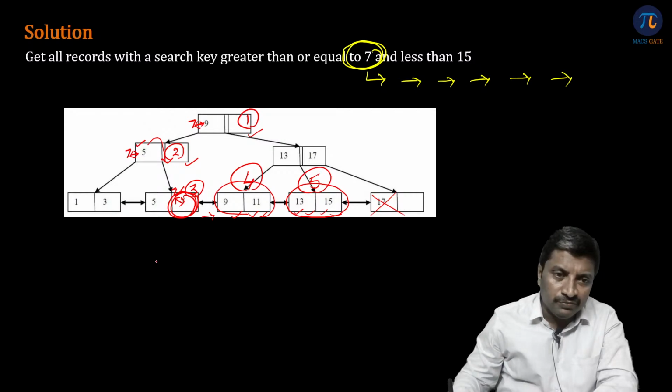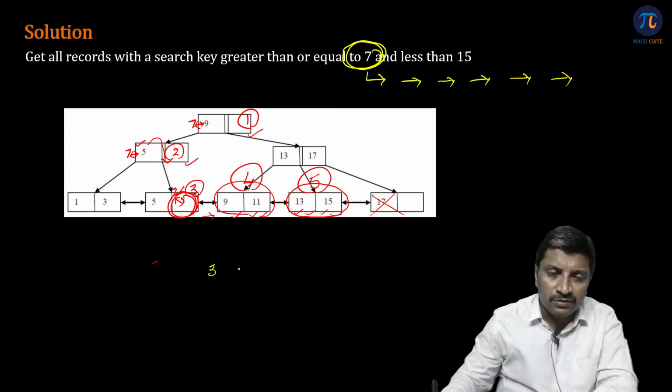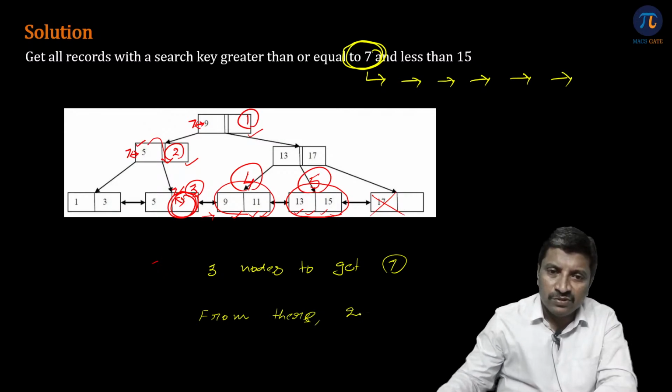So totally 3 nodes to get 7. From there, 2 leaf siblings.